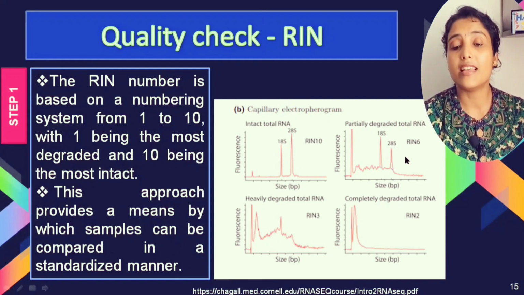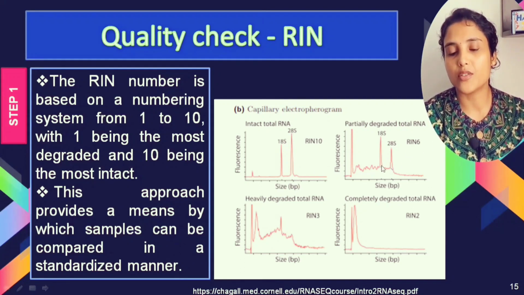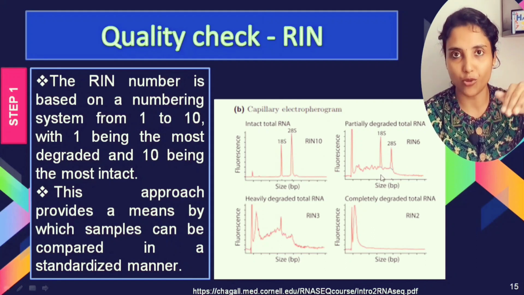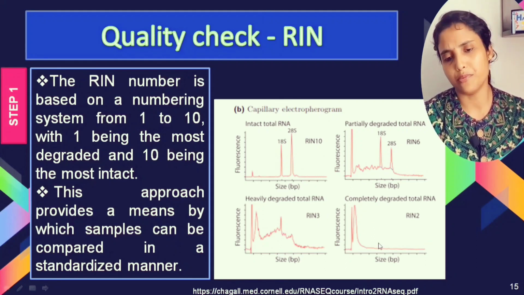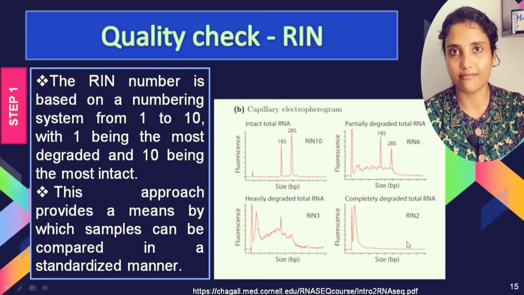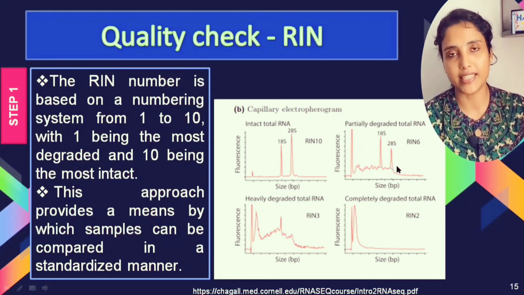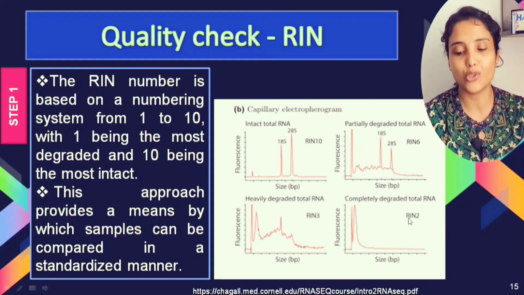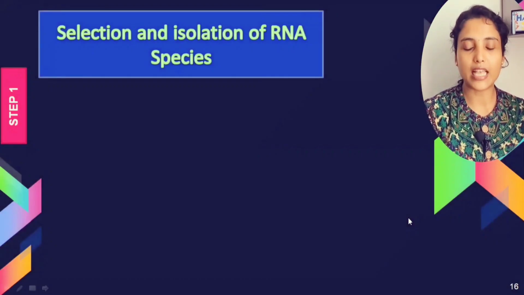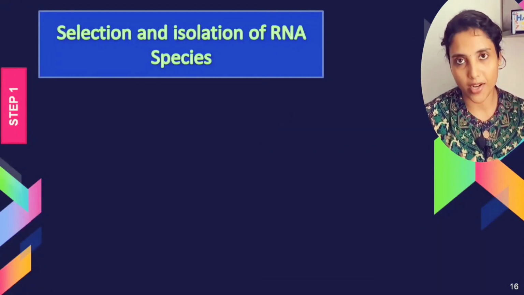When RIN is 6, you can see different peaks distributed all across the graph. And RIN 2: the peaks are not at all there for 18S and 28S, so that gives you a RIN of 2. That is how you understand the quality.